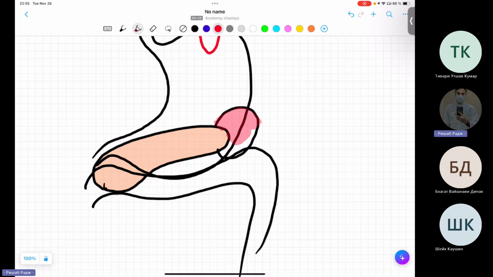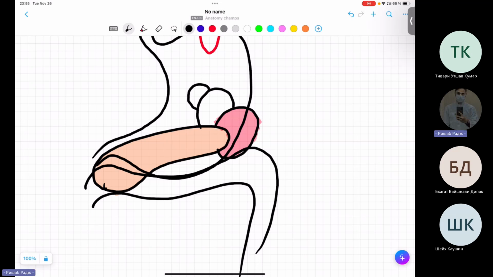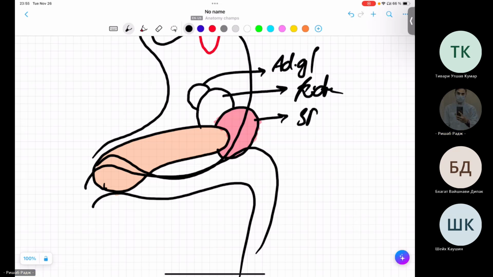This might be slightly more complicated than your sapien, but you have to study this. And then in this part, you have your kidney, and superior to the kidney is what? Suprarenal or adrenal gland. This is your kidney. This is your spleen. This is your pancreas.